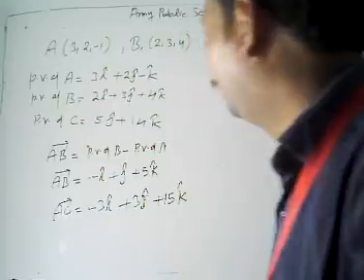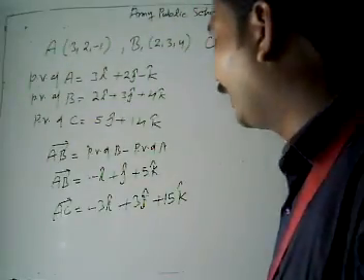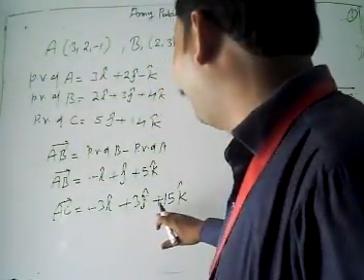Now look, what do we get? Our AC is minus 3i cap plus 3j cap plus 15k cap.